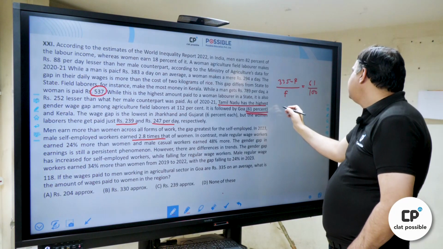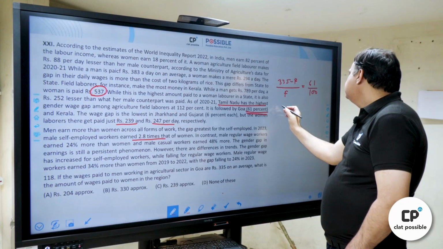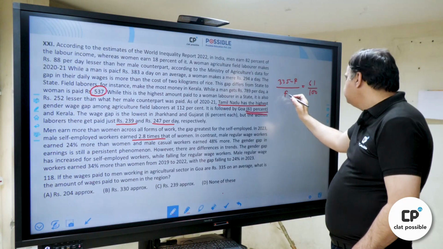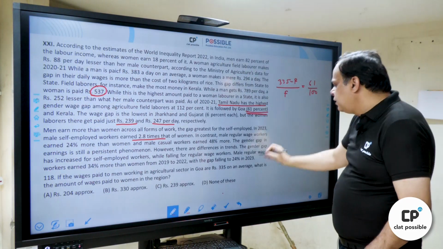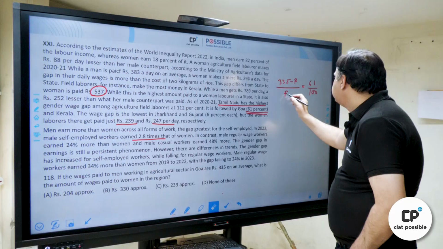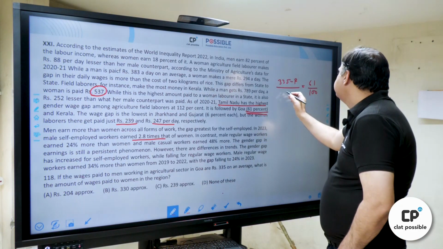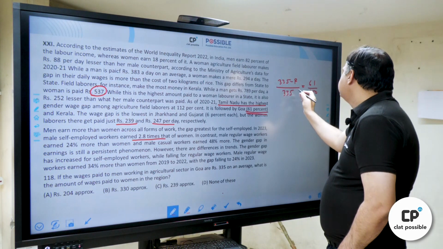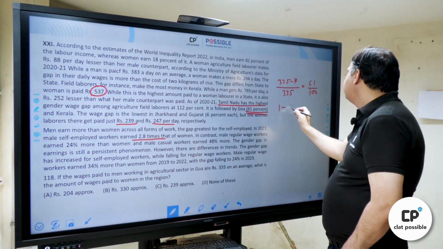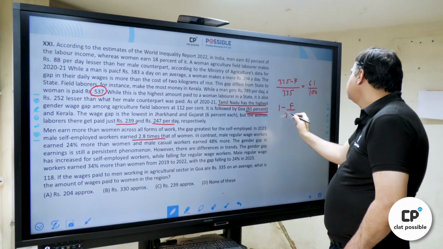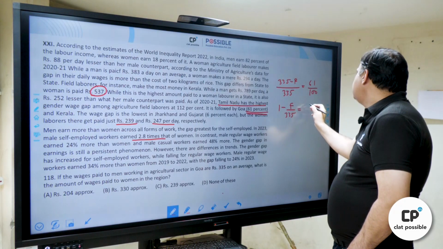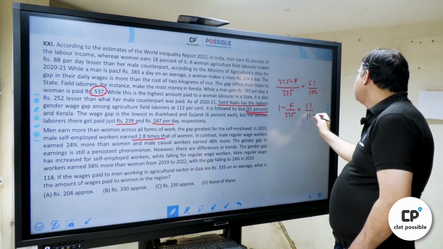If you solve this, it will be 1 minus f by 335 is equal to 61 by 100.